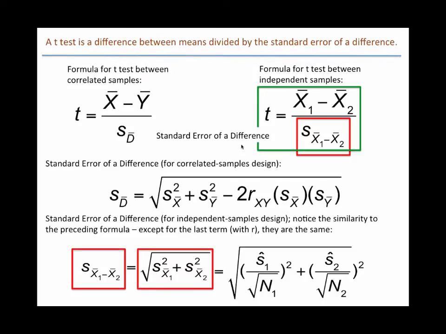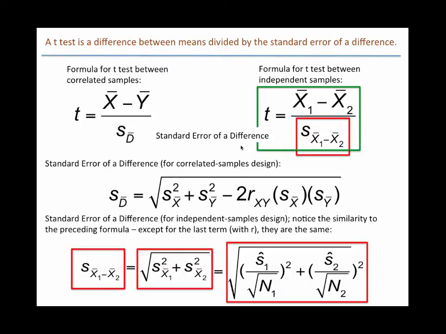In our Excel spreadsheet, we'll be referring to that as sub x bar 1 and sub x bar 2, and we will be squaring both of those, which is really represented in the final part of the formula here, where you recall we calculated all of that based on the two standard deviations and the two n's, where n1 is the total number of people in the first group and n2 is the total number of people in the second group.